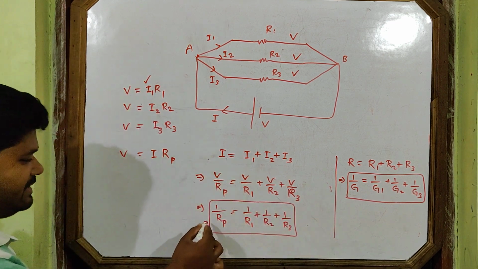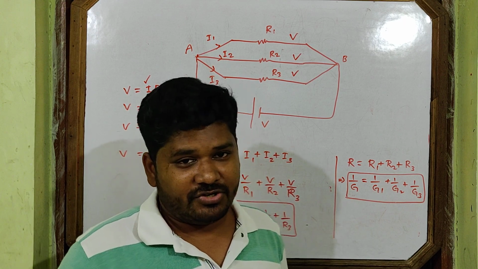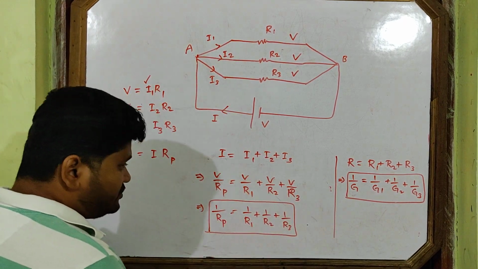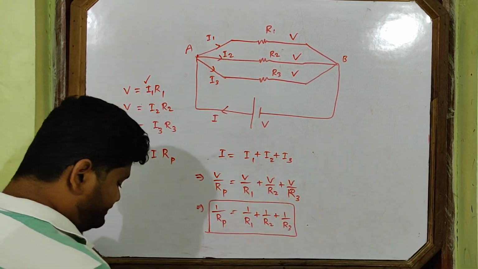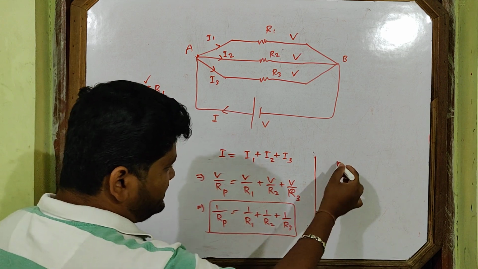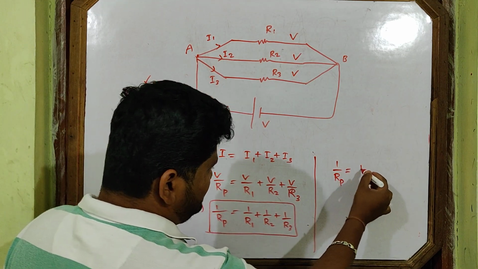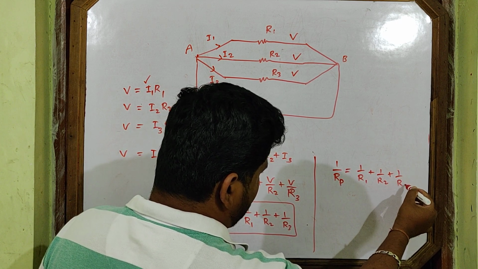This is the effective resistance formula in which combination? Parallel combination. Next, what is the effective conductance formula? From this we find 1 by Rp is equal to 1 by R1 plus 1 by R2 plus 1 by R3.